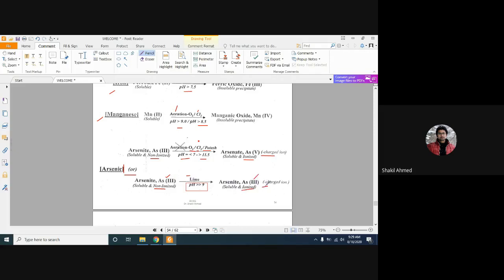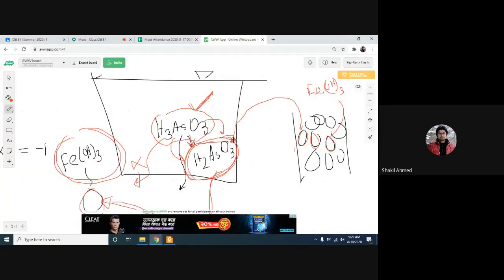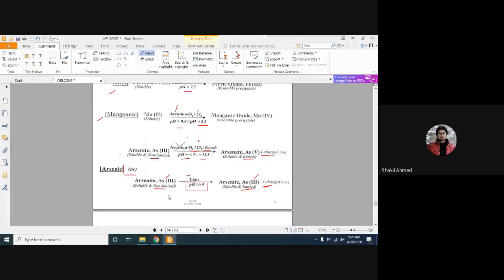Ionized means negative charged. And once they have negative charge, they can be adsorbed into the coatings. That's how we remove it.